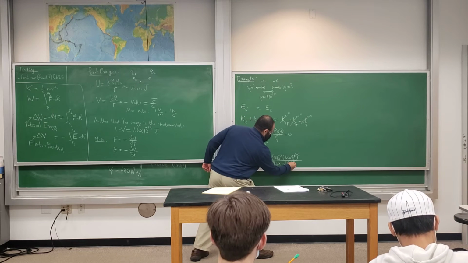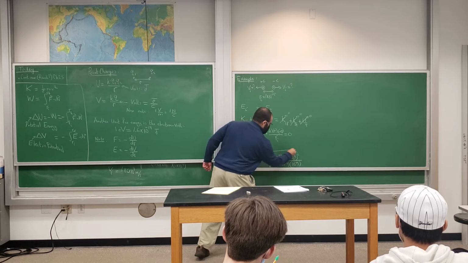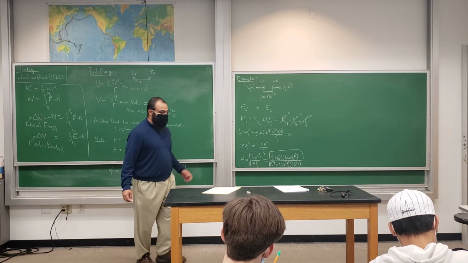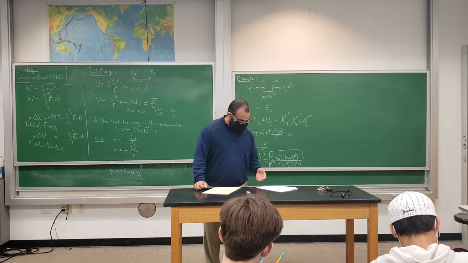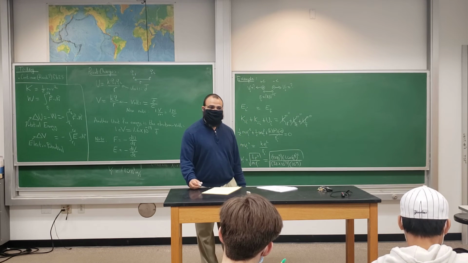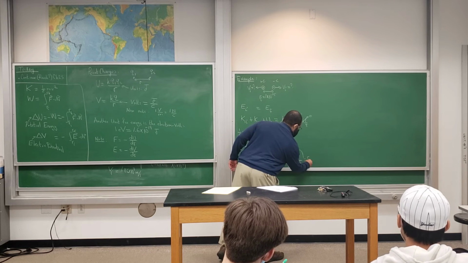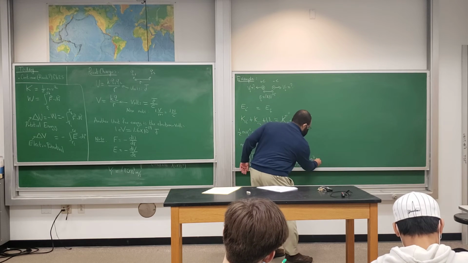And then r initial is 10 to the minus 15, and take the square root. Okay, so you're supposed to plug in the numbers and get something. And that number happens to be 5 times 10 to the 7 meters per second, of course.